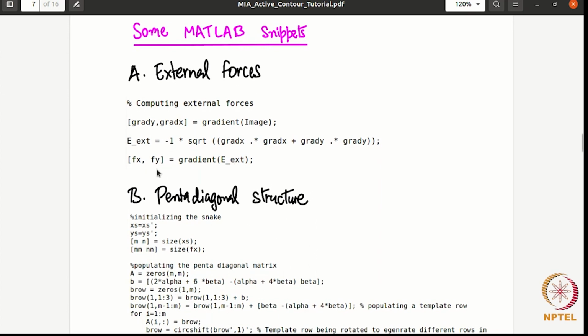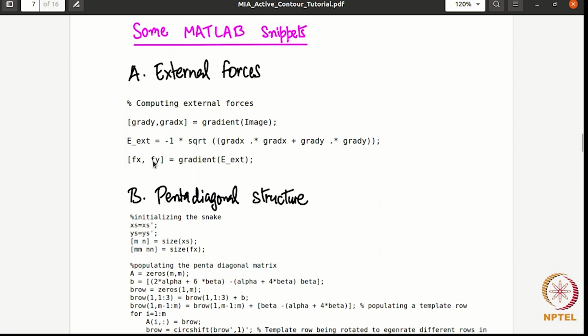Note that we can simply use the gradient function in MATLAB and we can calculate energy. SQRT means square root. Okay. So note that here we got fx fy with the help of gradient, and this fx fy that we have got will be interpolated along the snake curves later.